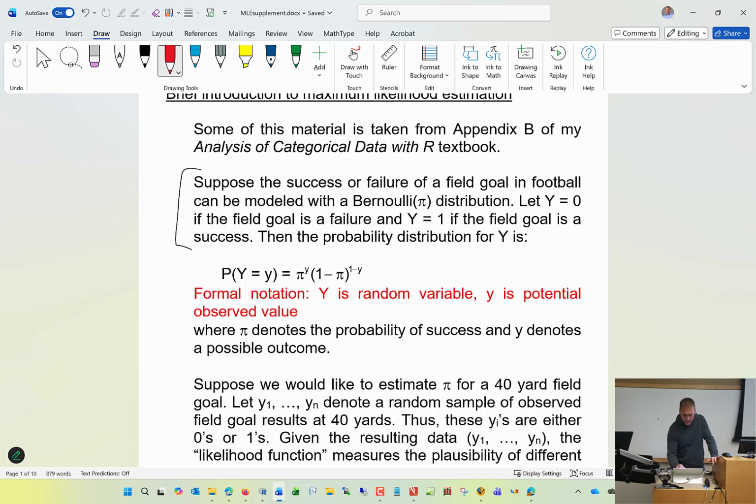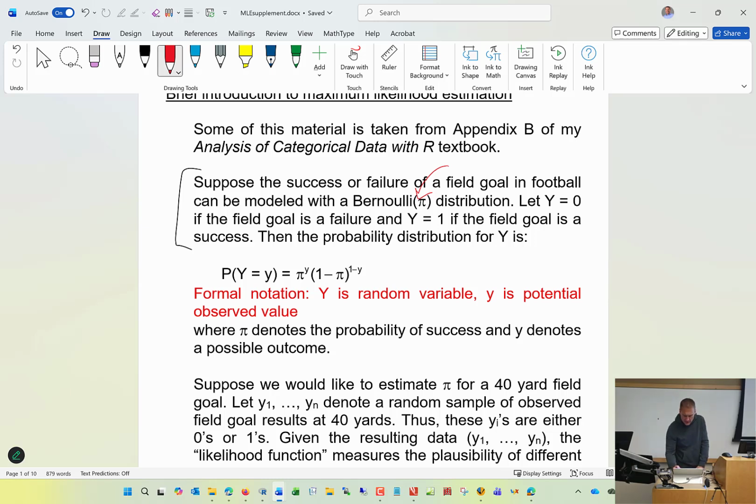There's one parameter associated with the Bernoulli distribution. I'm going to call it pi, the Greek letter pi, and this represents the probability of success. Oftentimes when you see this introduced, the letter P is used instead. Pi is often used in higher level statistics courses.